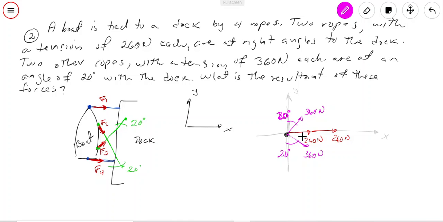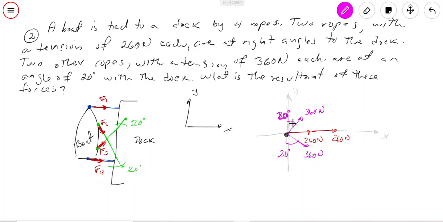It's evident that the forces of 260 newtons only have components on the x-axis. But the forces of 360 newtons have components on the x-axis and components on the y-axis. Now, when you think about those forces of 360 newtons, the y components have the same magnitude and opposite direction, so those y components are going to cancel each other.